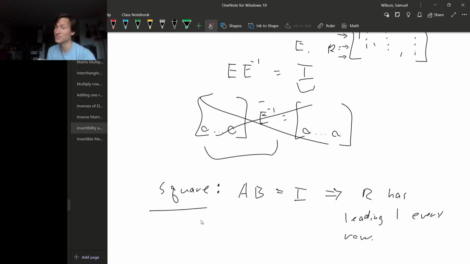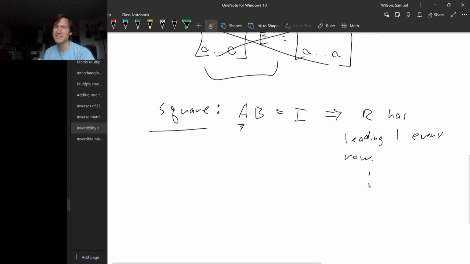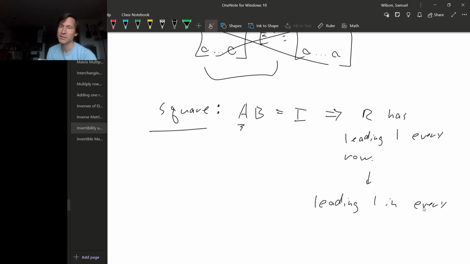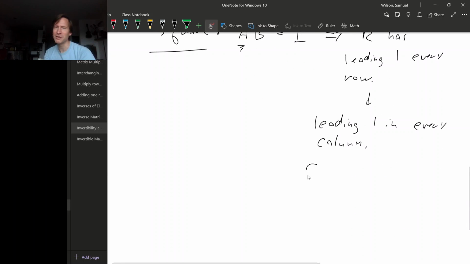But if the starting matrix is square and there's a leading 1 in every row, that means there's a leading 1 in every column too. Because you can't have more than one leading 1 in a column, right? Every leading 1 has to be in a different column and a different row. So if there's a leading 1 in every row, there must be a leading 1 in every column as well. But if it's square and there's a leading 1 in every column in reduced row echelon form, that means that it's just the identity matrix.